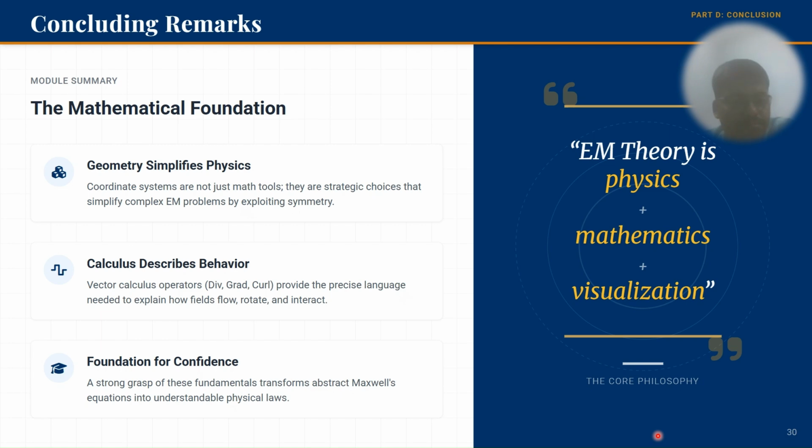And the abstract Maxwell equations everybody needs to know for understanding electromagnetic theory in a better way. The philosophy is that EM theory is physics, mathematics, and visualization. Visualization is a bit difficult, but physics and mathematics are very simple for everybody.